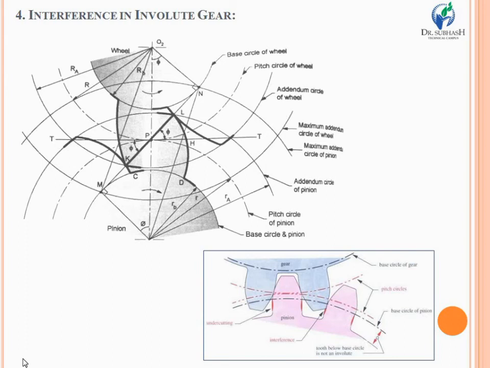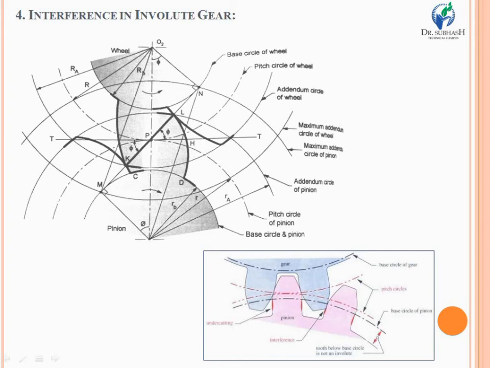In such cases, the relative sliding motion between the tooth surfaces will not be proper, and the transmission of motion or even power will be very rough. So the mating of two non-conjugate or non-involute tooth profiles is generally referred to as interference.